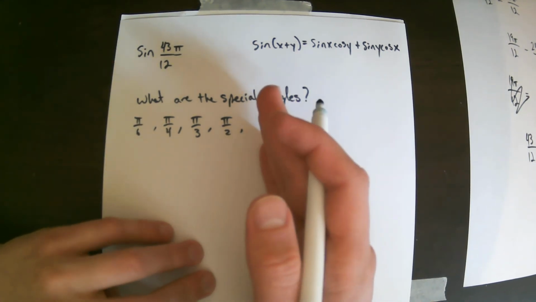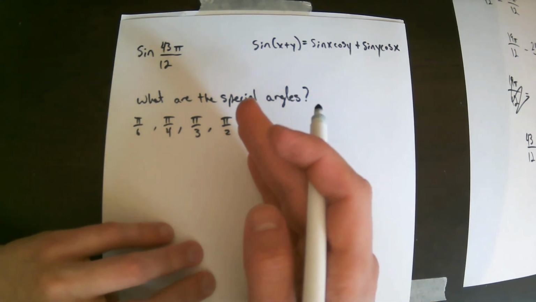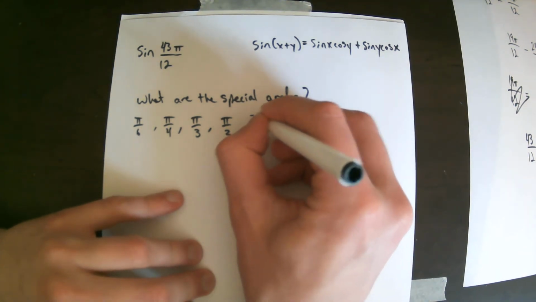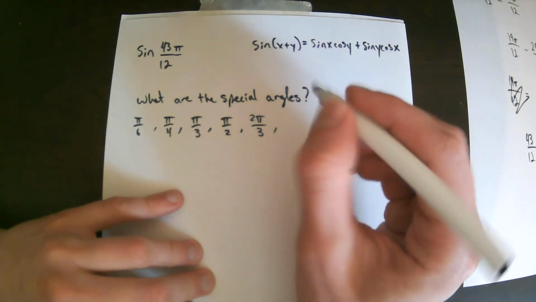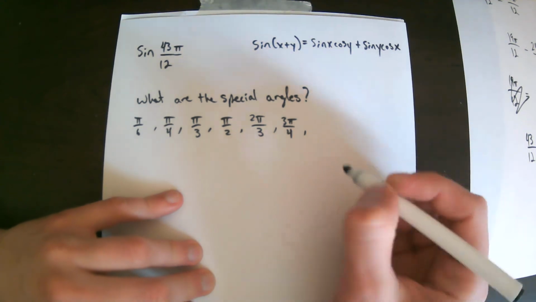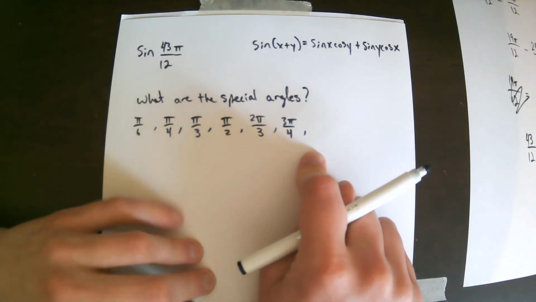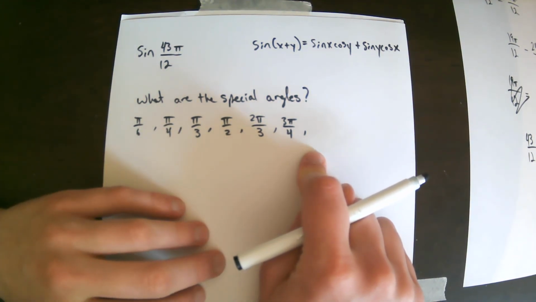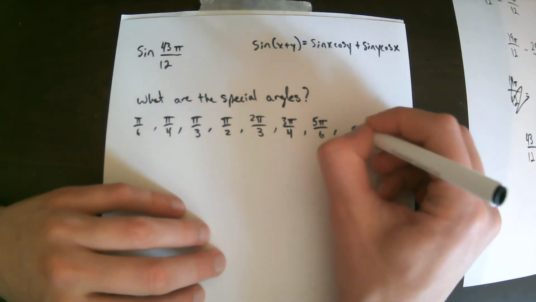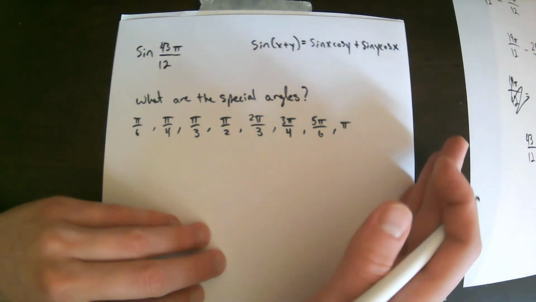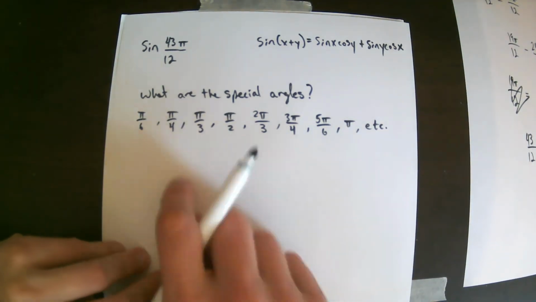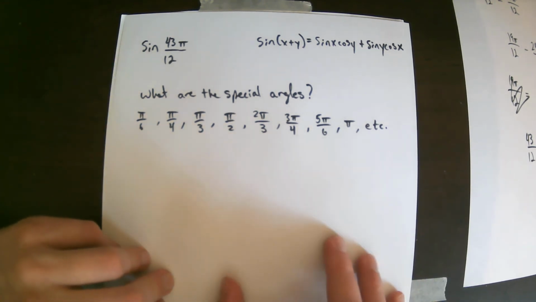Past pi on 2, we can have 2 pi on 3, then 3 pi on 4, which is moving into quadrant 2 now. And then 5 pi on 6, and then pi, and that's all of the first and second quadrant, so I'll just say etc. Of course there's the third and fourth quadrant as well.